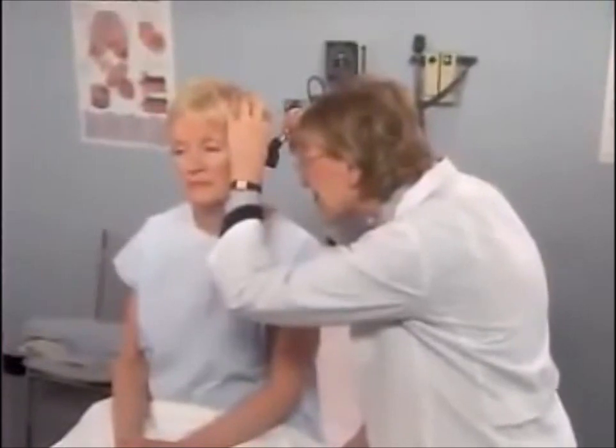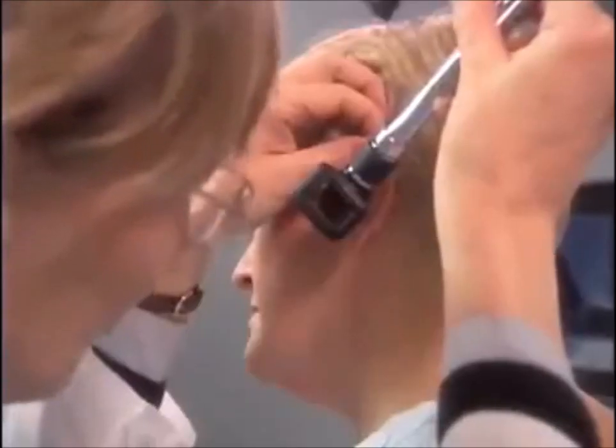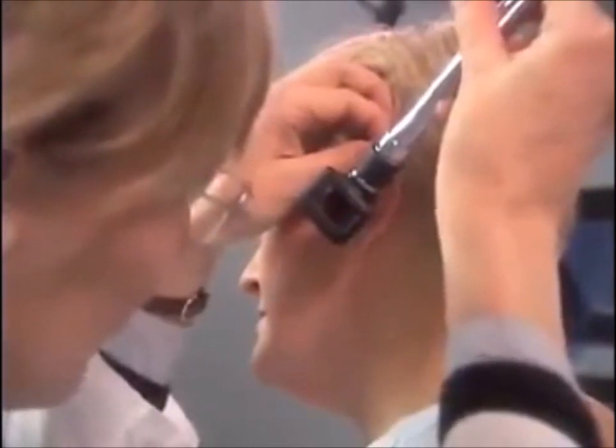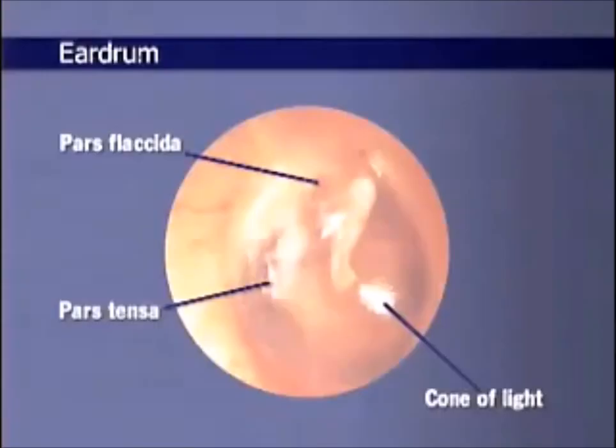Note any cerumen or earwax that may impair your view. Also observe for any discharge, foreign bodies, redness, swelling, or scaling. There should be none. Slide the speculum slightly down and forward and maneuver it until you can see as much of the eardrum as possible, including the pars flaccida and margins of the pars tensa.